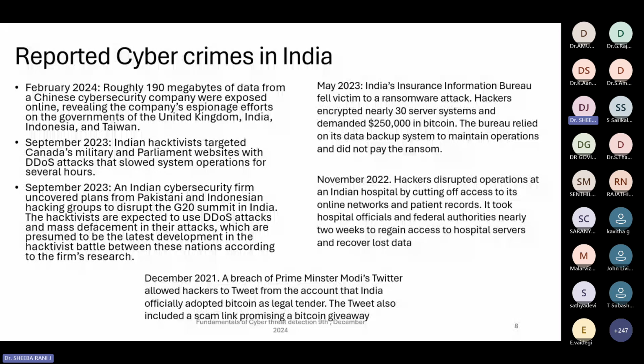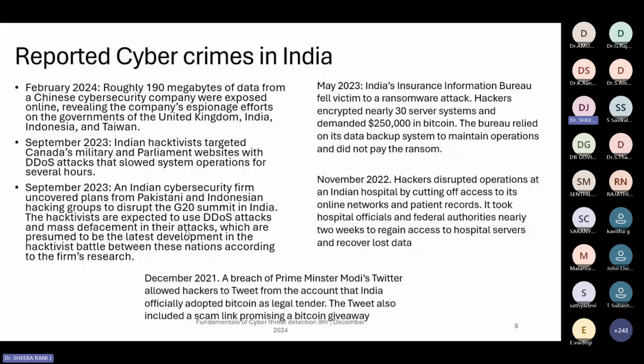See how the master plan has been there. The activities are expected to use denial of service attacks and mass defacement, which are presumed to be the latest development in the battle between these nations, according to the firm's research.